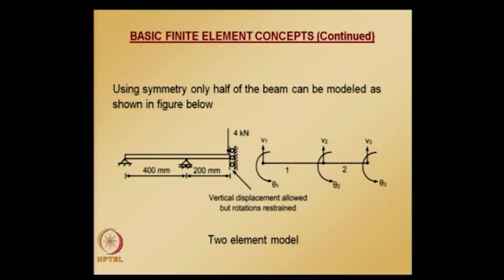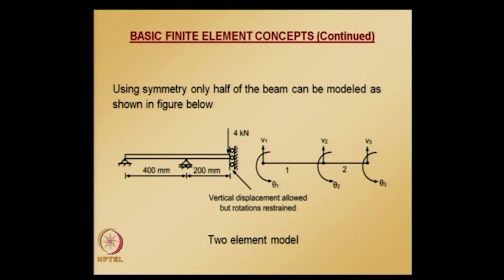And please look at how symmetry is taken into account by introducing a support which allows vertical displacement, but rotations are not allowed at the point where 4 kilonewton is applied.